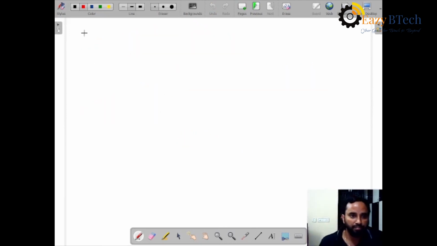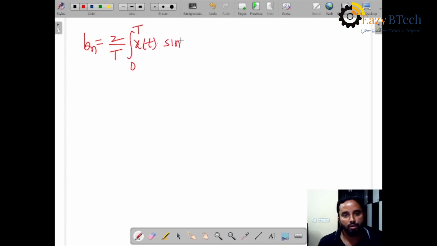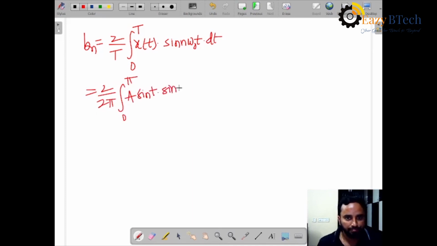So what is the bn formula? bn is equal to 2 by T integral 0 to T x of t sine n omega naught t dt. So let's have substitution 2 by 2 pi here 0 to pi x of t is a sine t, right? Sine n omega naught is 1, so nt dt. So here 2 get cancelled.